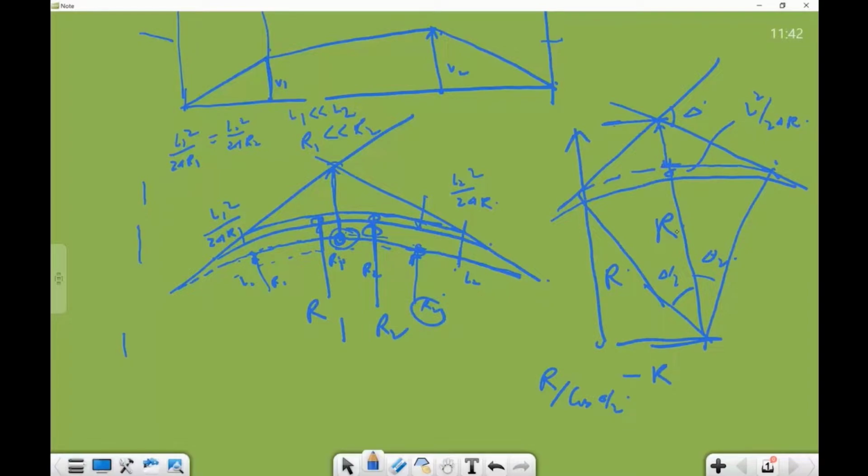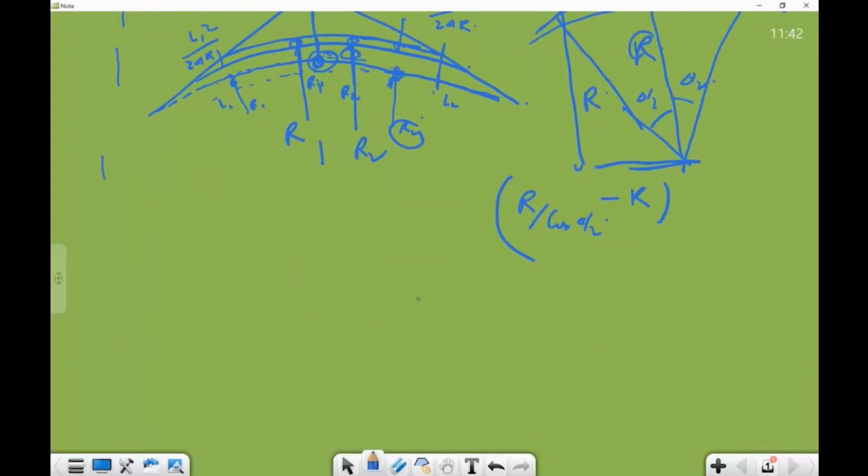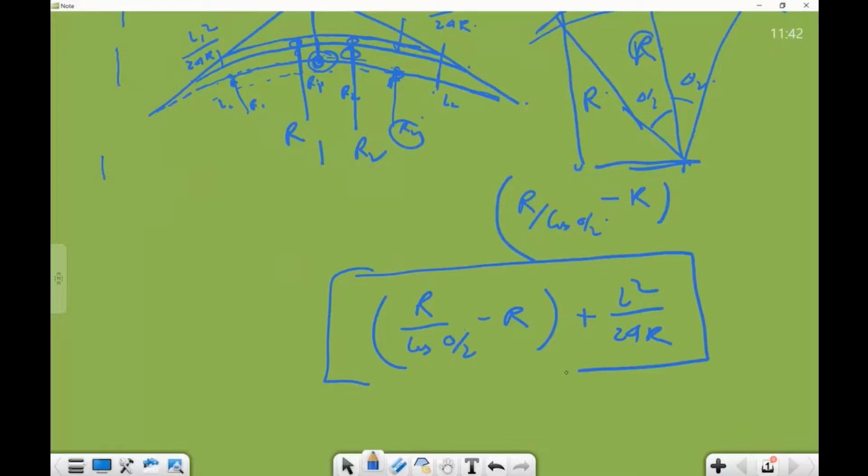So this value is equivalent to this distance, and total position of this location is going to be r by cos delta by 2 minus r plus L square by 24r. That is the general formula. Final curve after providing your transition at crown is going to be at this location.